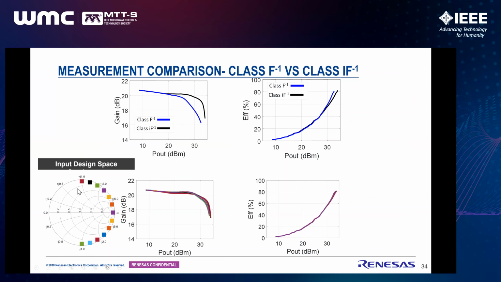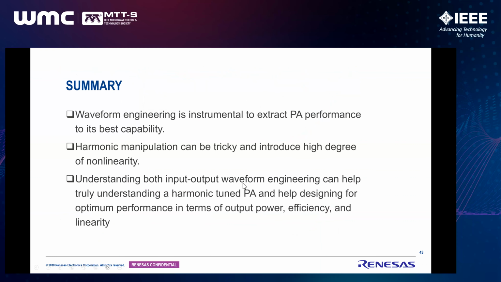And here is one interesting input design space we are showing: it's not only one single point where we can maintain high efficiency and flat gain. It's a complete and wide design space for the input of inverse class F, where we can maintain both linearity and efficiency. So by that, I would like to conclude.